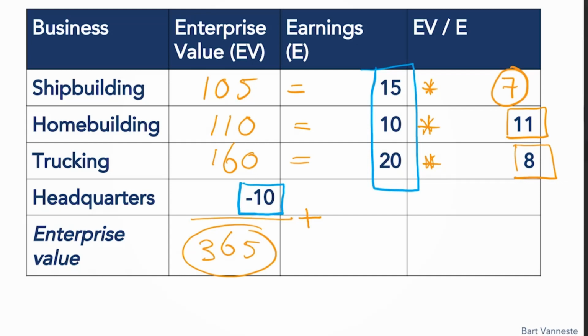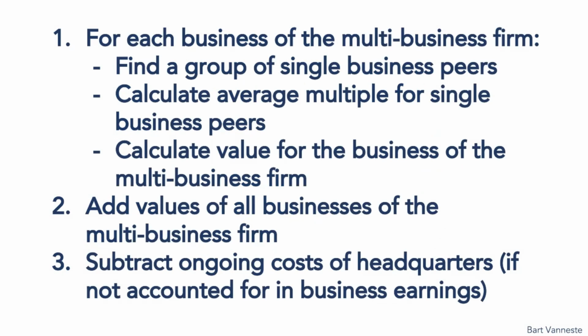Actual sum of the parts analyses are slightly more complicated, but not by a lot. And in fact, the underlying logic is the same. So I hope you can now follow a sum of the parts analysis. Let's just recap what we have done. For each business of the multi-business firm, we're going to look for a group of focus peers. That means a group of single business firms that are comparable to the business that we want to value.